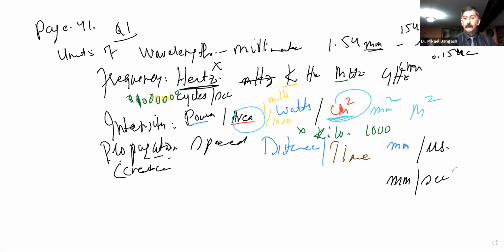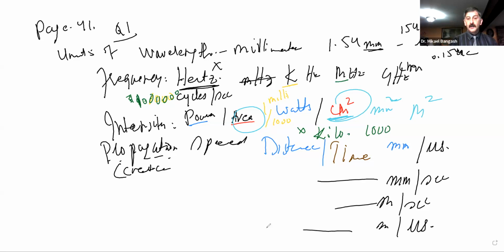You can also go meters per second, or meters per microsecond. Clear? But as you change the units from, let's say, millimeters per microsecond to millimeters per second, of course the number is going to change accordingly.